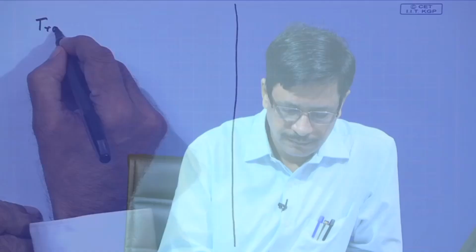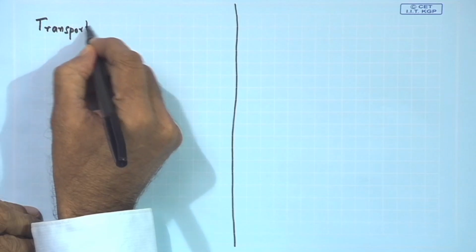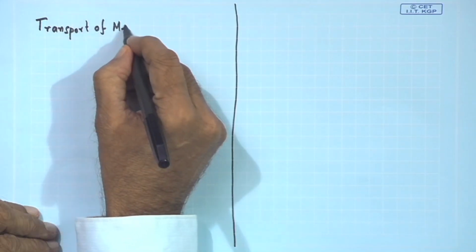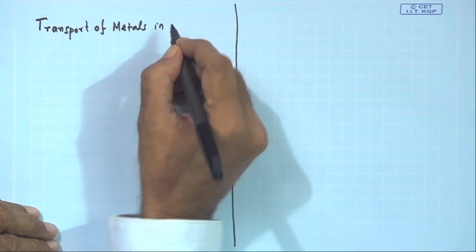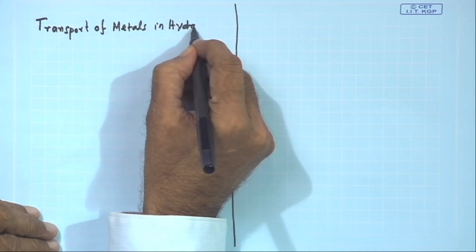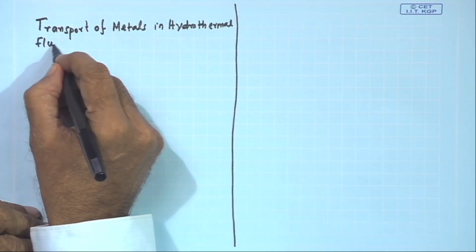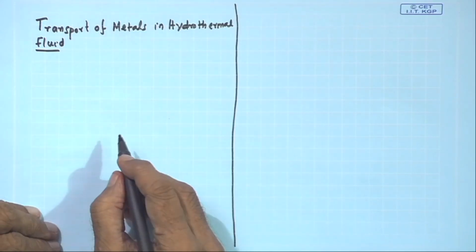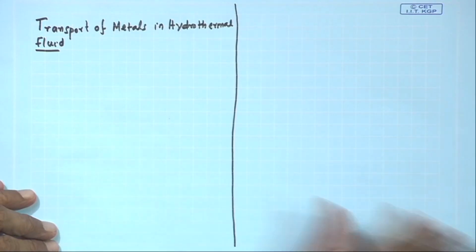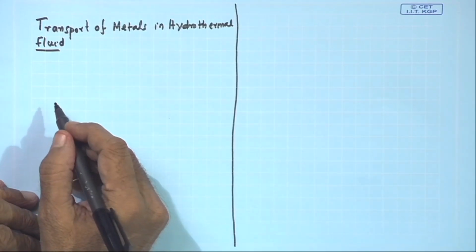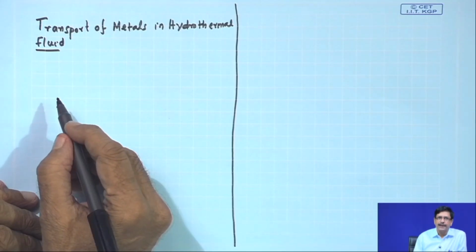The question posed in this context is: what is the form in which these metals are transported in the hydrothermal fluid? Let us see if it is possible that these metals could be transported as simple ions.